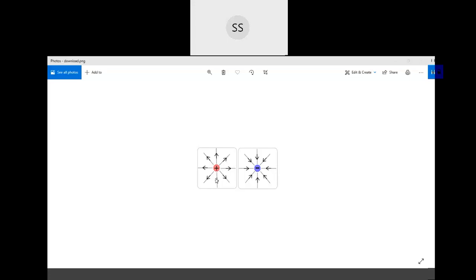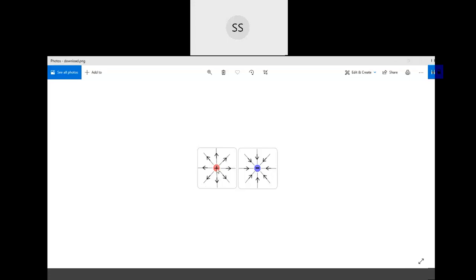So I have already told you that we considered these charges as source charge, and we take a unit positive charge to check the electric field of the source charges. That positive point charge is called test charge. So here these are the electric field lines for a positive source charge when we check with a unit positive test charge.